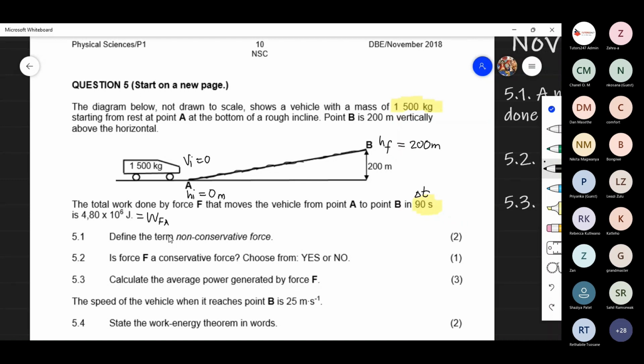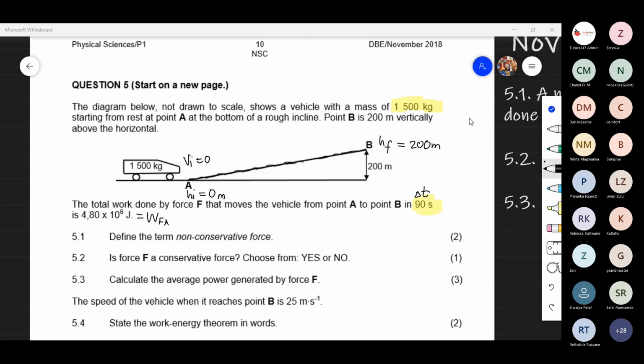Then we moved on to work done by non-conservative forces at the beginning of our class. And we stated a few examples of work done by non-conservative forces are applied force, tensional force, and frictional force. So if we have a look at this, this can be considered an applied force. So the answer to this question is no. This is not a conservative force.